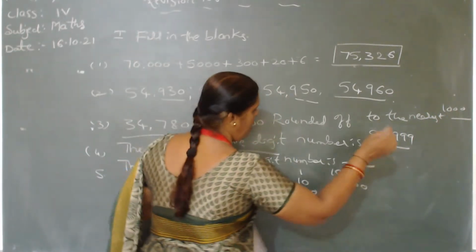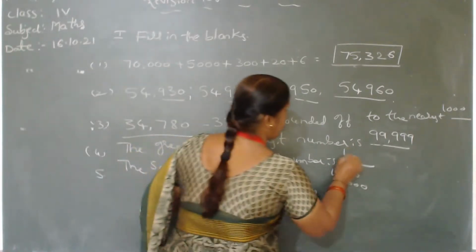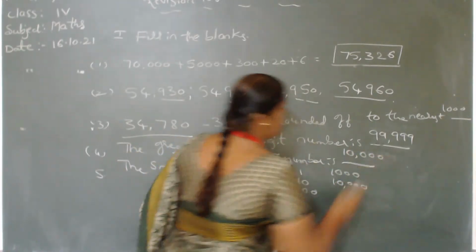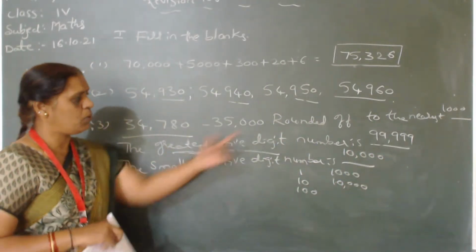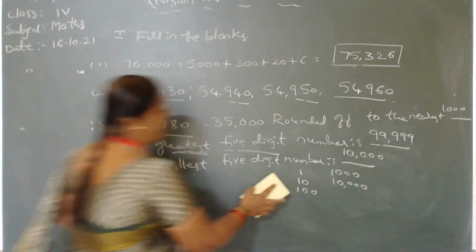So the smallest 5-digit number is 10,000. According to this, we have to change the numbers in the fill in the blanks.